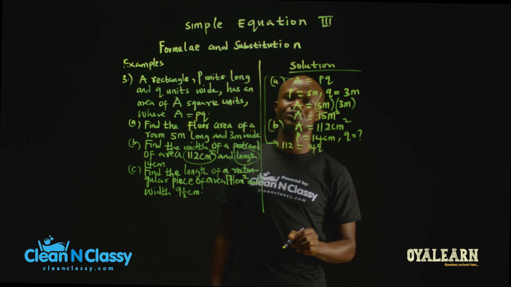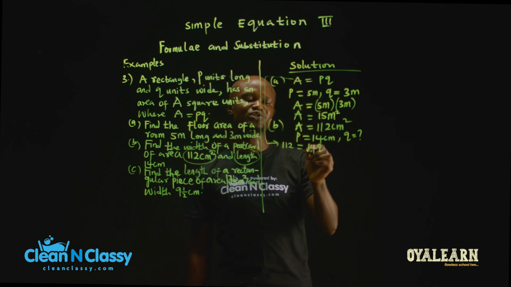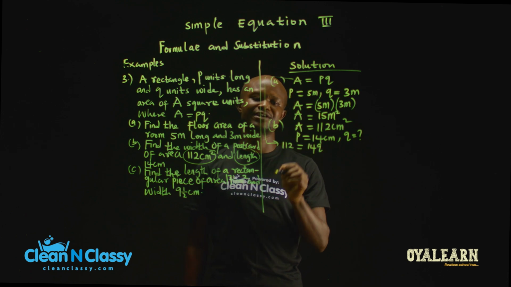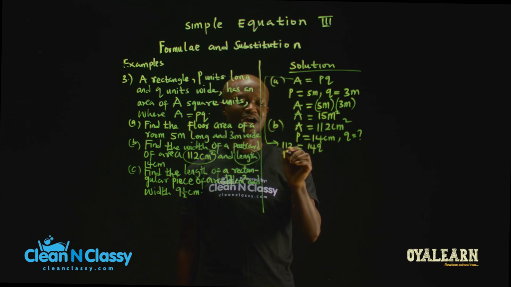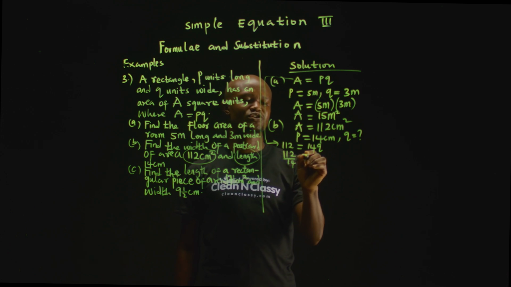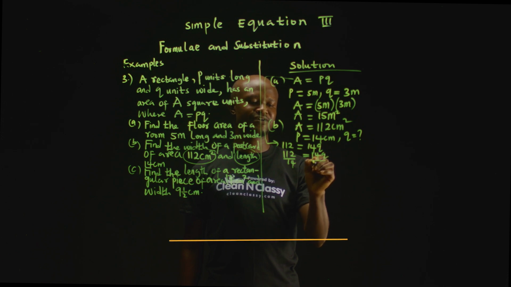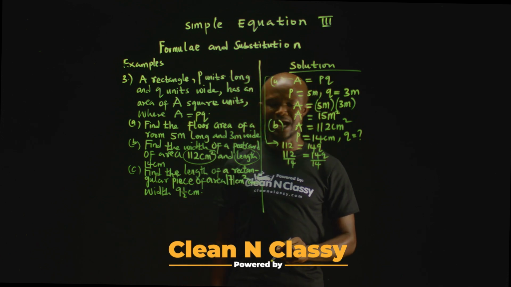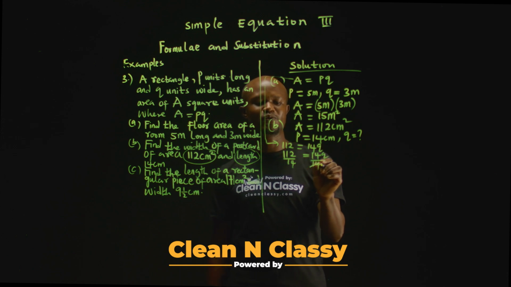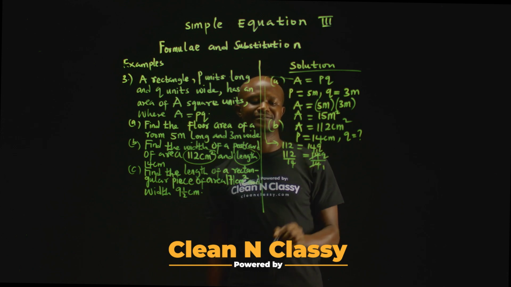We want to look for Q. So what do we do to both sides? We divide both sides by 14. So we have 112 divided by 14 equals 14Q divided by 14. Now 14 here, 1. 14 here, 1.